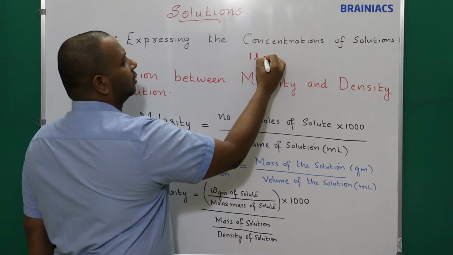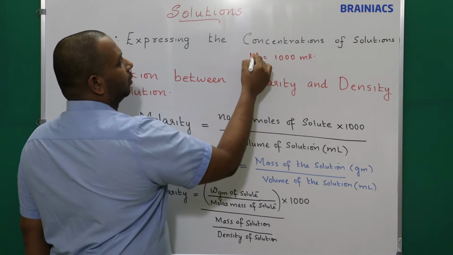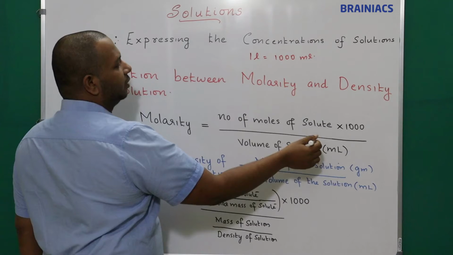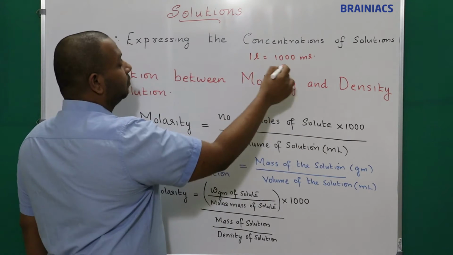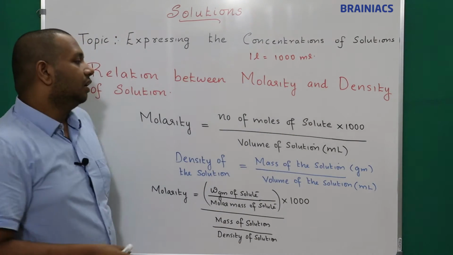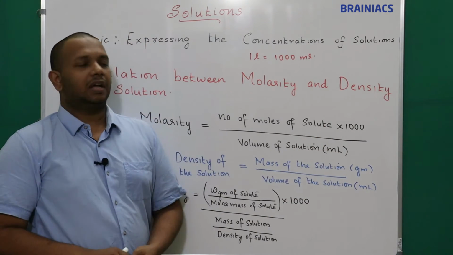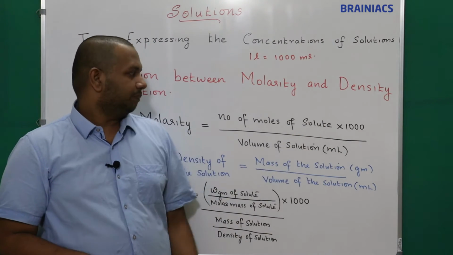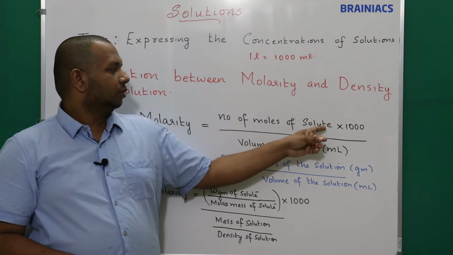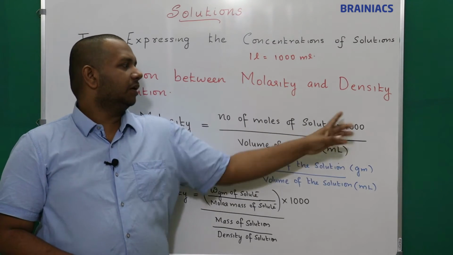So if I want to write in terms of ml, I should divide by 1000, so that again it becomes liters. Okay, so number of moles of the solute divided by volume of the solution in ml, multiplied by 1000.